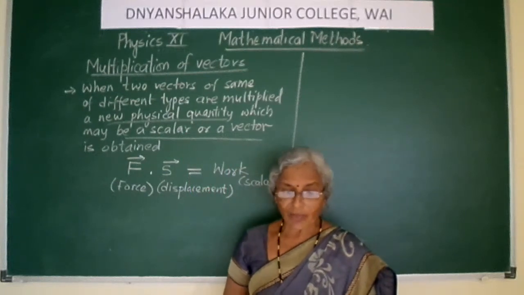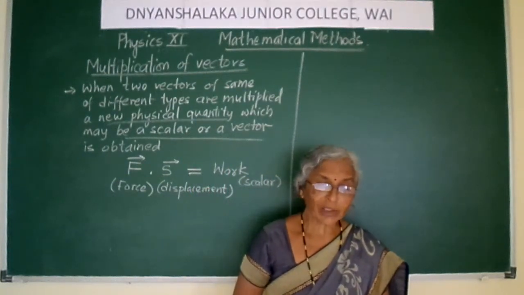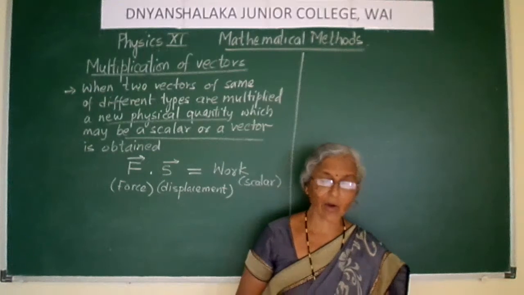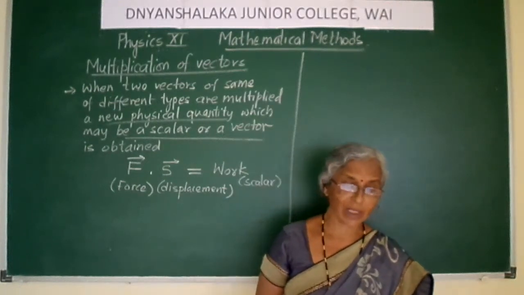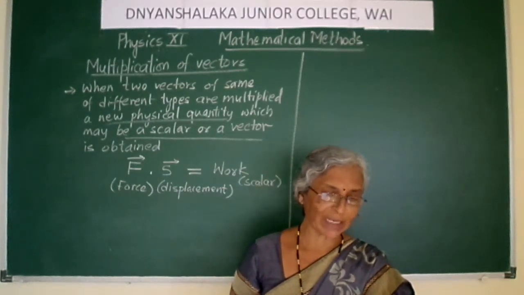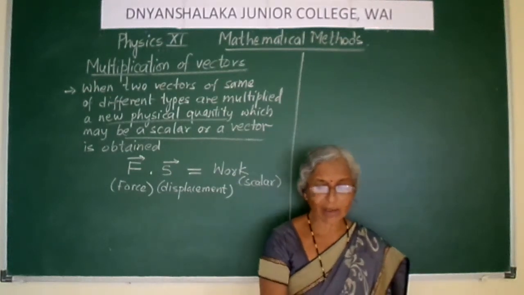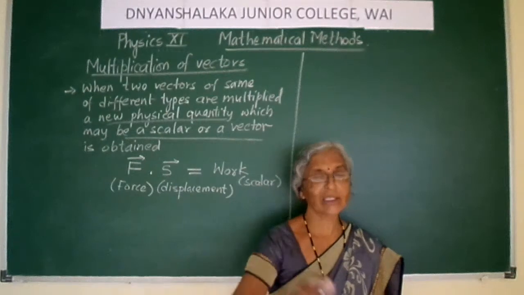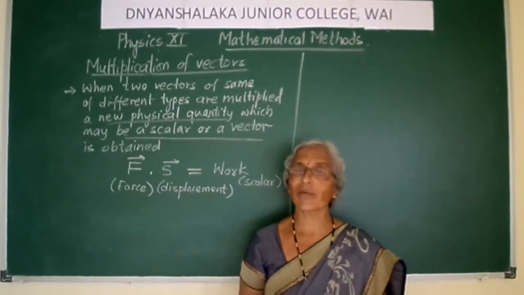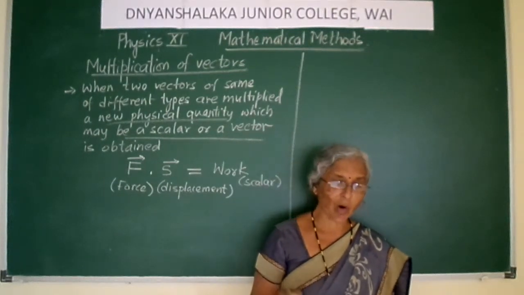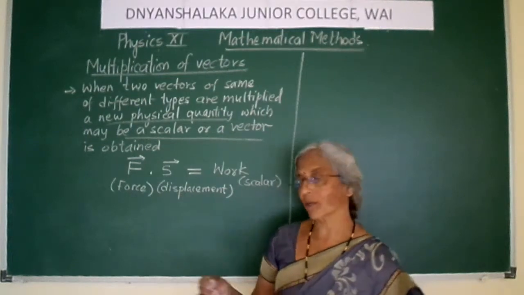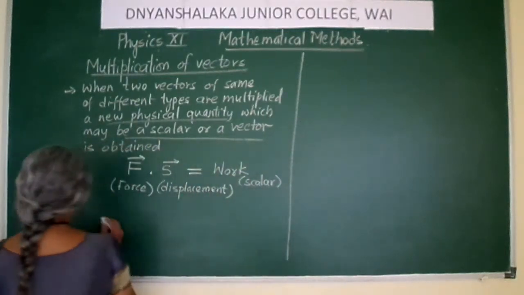Okay. Now if we go for the next characteristic of multiplication of vectors, we find that when we multiply a scalar with a vector, that will always result in a vector quantity.